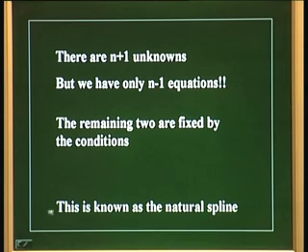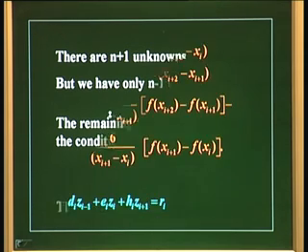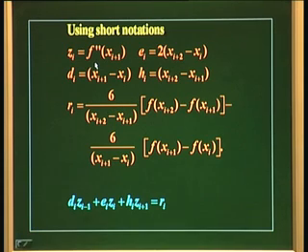But we have n minus 1 equations and we have n plus 1 unknowns. Remember what our unknowns are: in the cubic spline interpolation, the unknowns are the second derivatives at every point, and we have n plus 1 points, so we have n plus 1 unknowns.